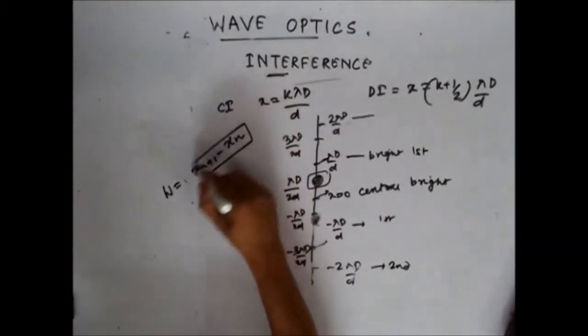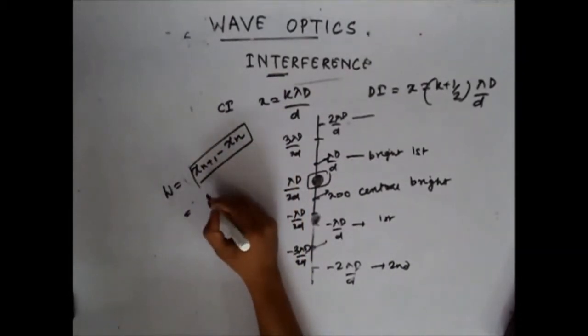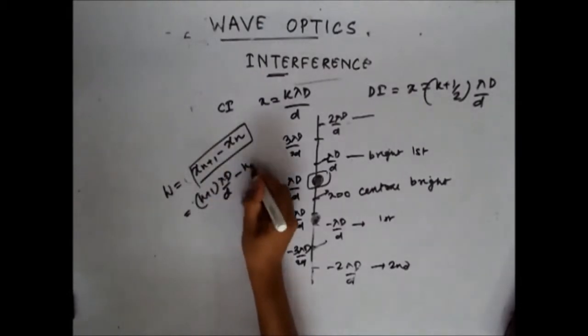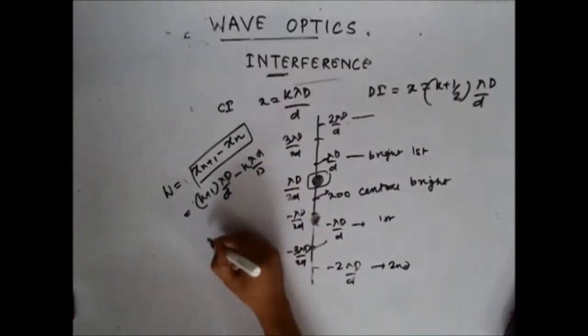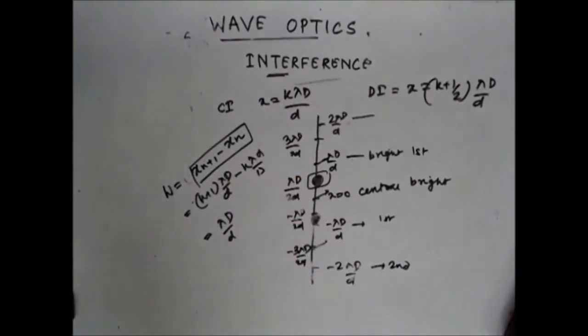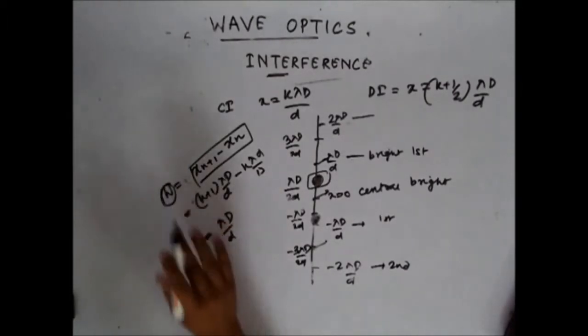So that's why I get this formula. If I put the values here, I get the fringe width as (k plus 1) lambda D by d minus k lambda D by d, which is lambda D by d. So this is the width of the fringe.